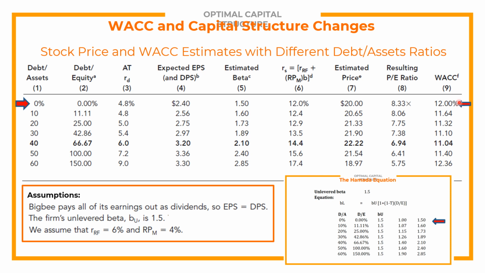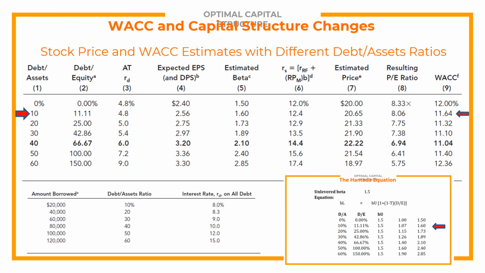Our cost of debt is 4.8%, but the weight of debt is 0, so therefore our debt contribution is 0. We have the equity, which is 12%, and that is 100%. So we have our WACC of 12%.